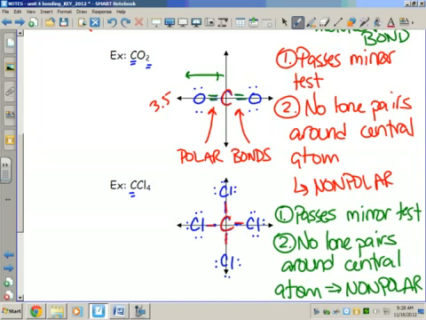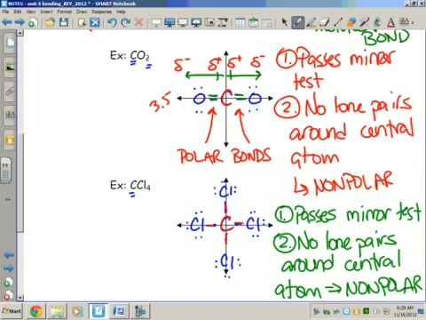Carbon's like 2.6. So the electrons are pulled more in this direction than in this direction. There's a positive dipole and a negative dipole. Well, the same exact thing is happening on the other side. It's another oxygen with an electronegativity of 3.5. So I've got my positive dipole and my negative dipole.